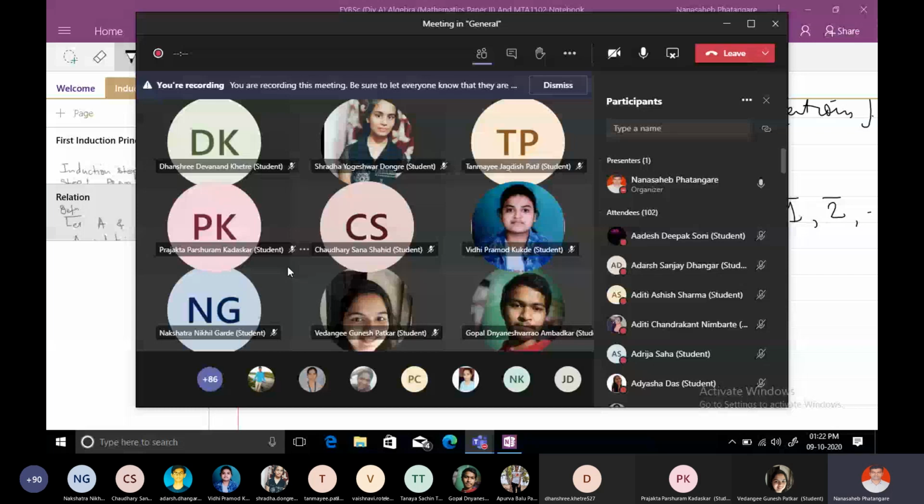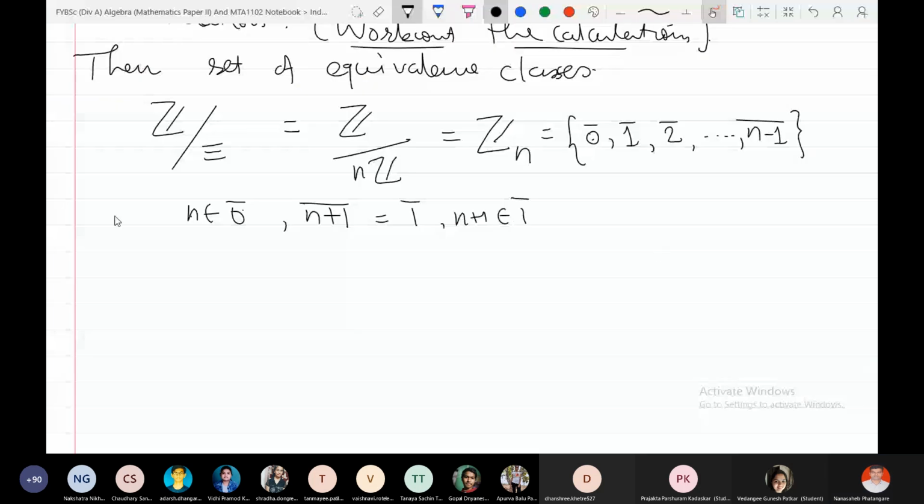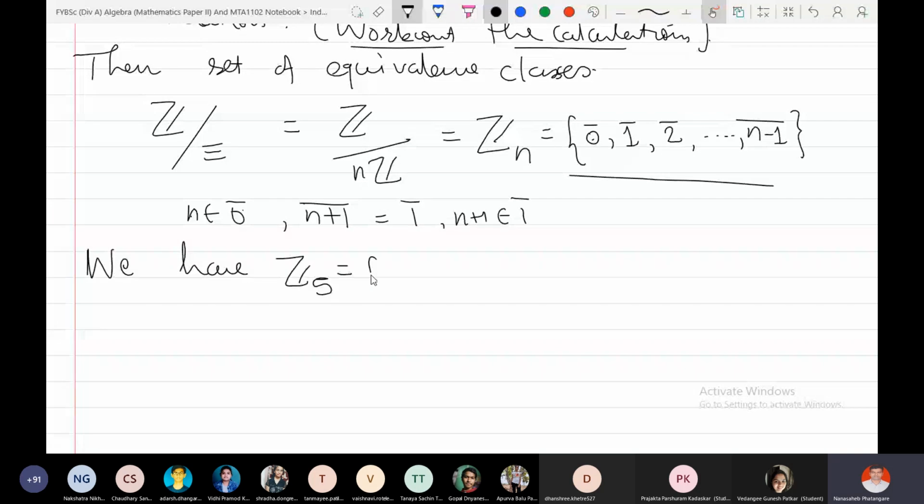Okay, so there are n distinct classes. So this is clear, fine. Now, what is Z5? 0 bar, 1 bar, 2 bar, 3 bar, 4 bar.